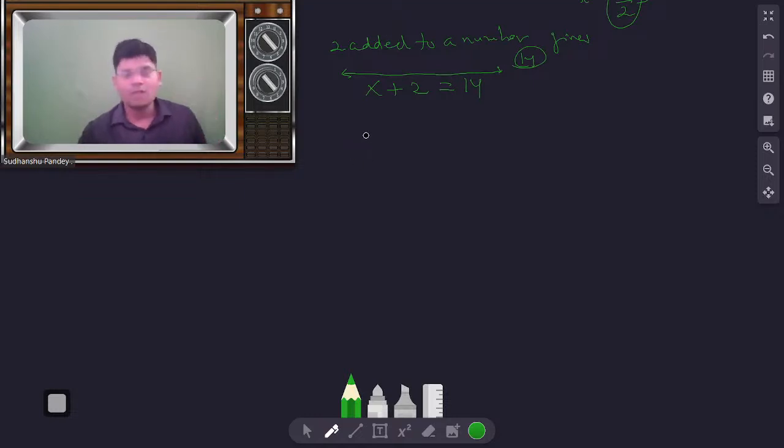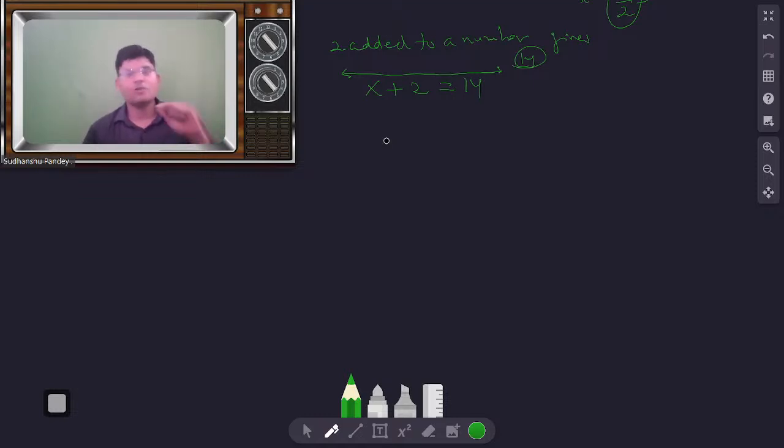This is a very small number. If I give you a very big number, you will not be able to do it as fast as you are doing now. Sir, how are we going to do this? Okay, tell me. So we will keep x on our LHS, and after the equals to sign, we are going to write 14 minus 2.